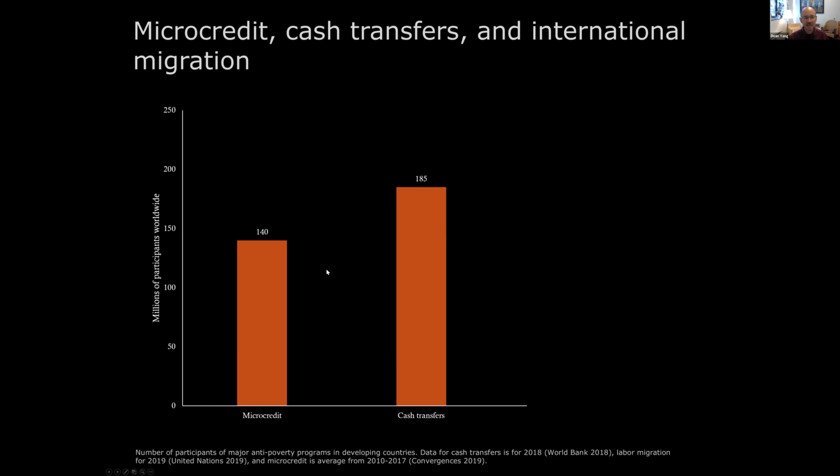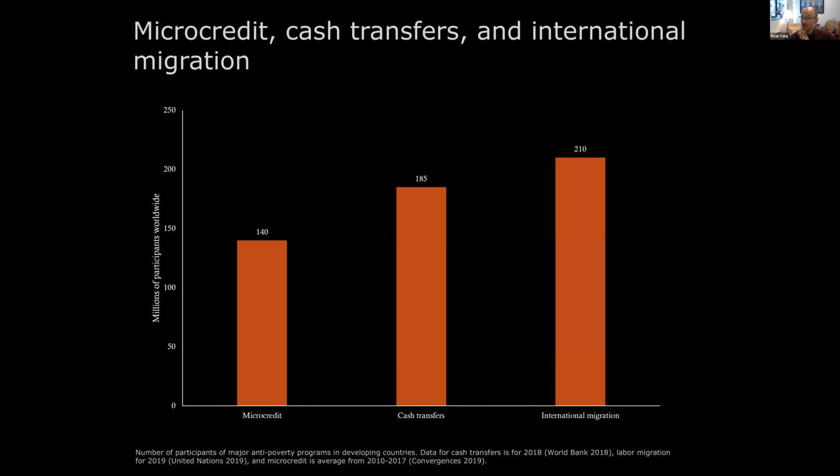Based on data from the last several years, there are about 140 million clients of microcredit institutions on the planet, about 185 million beneficiaries of cash transfer programs, mostly conditional cash transfer programs, but also unconditional cash transfer programs. In comparison, there are about 210 million international labor migrants, according to the UN.